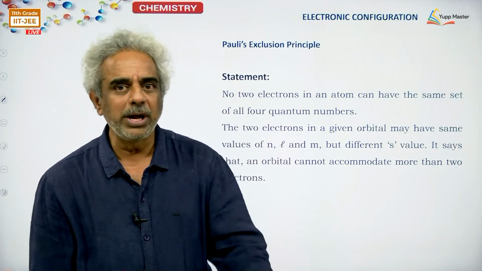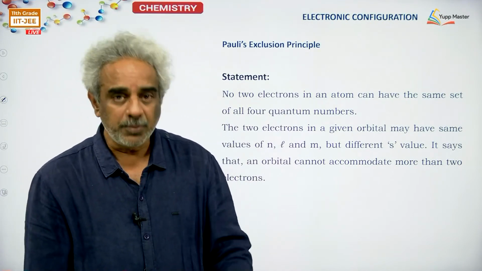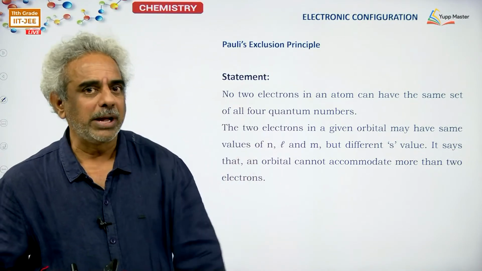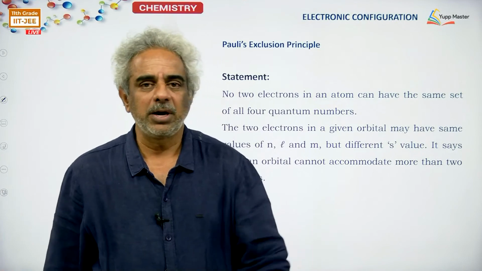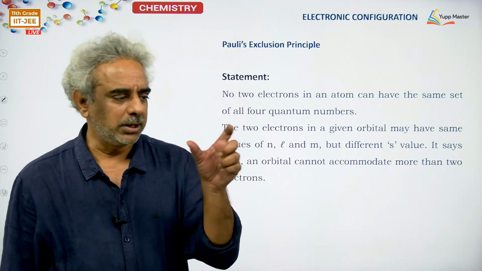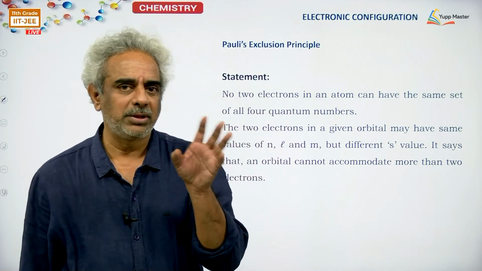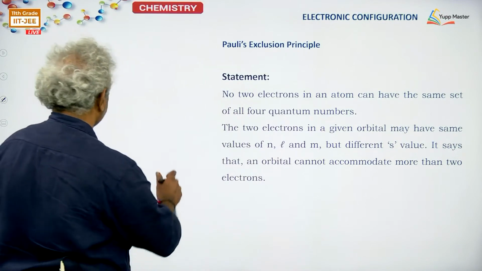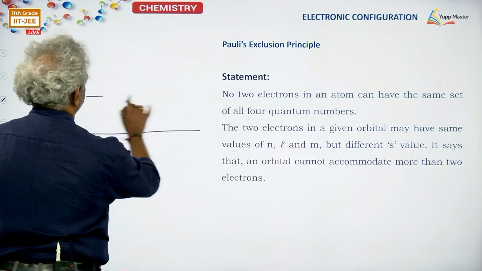A phone number is unique for a given house, a given person. Phone number is a unique number. All others cannot have the same number. Right? So like that, electron designation is done with 4 unique set of quantum numbers.